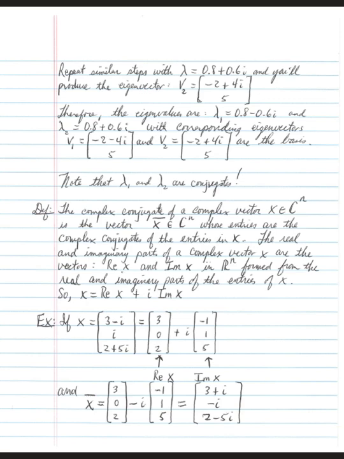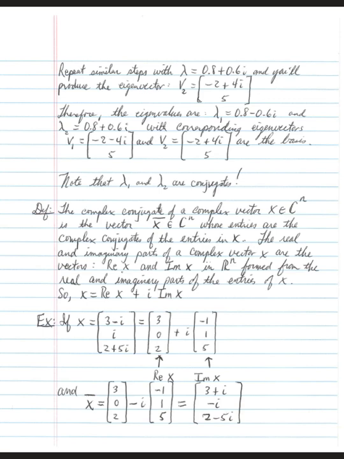Definition: the complex conjugate of a complex vector x in Cn is the vector x bar. This is the notation for a conjugate, whose entries are the complex conjugates of the entries in x.